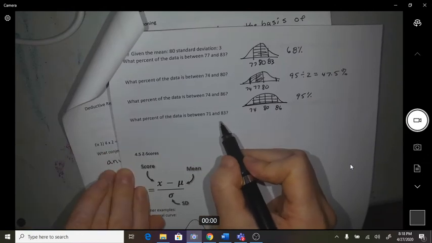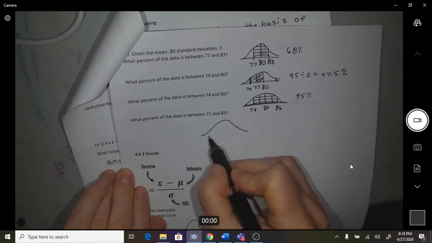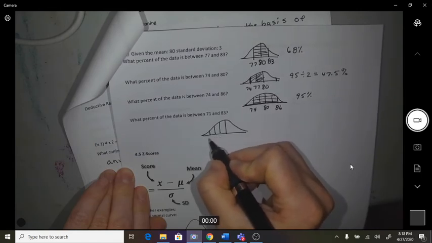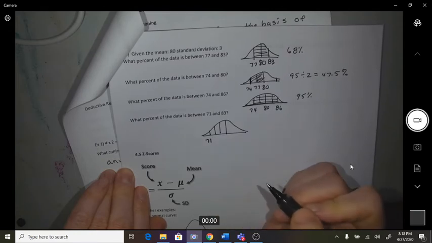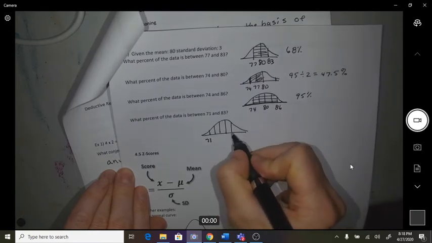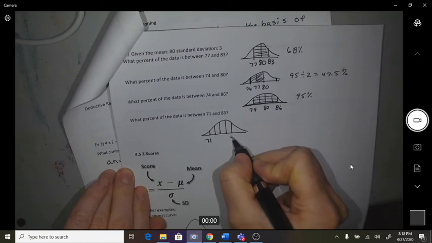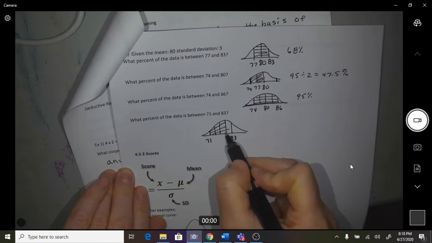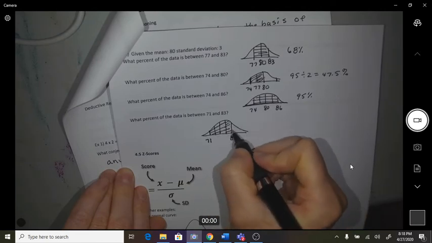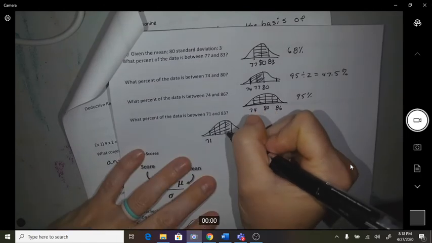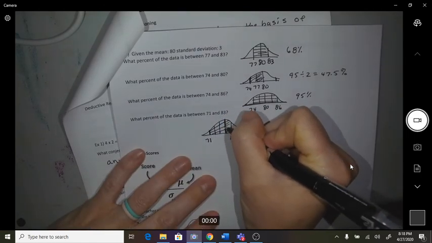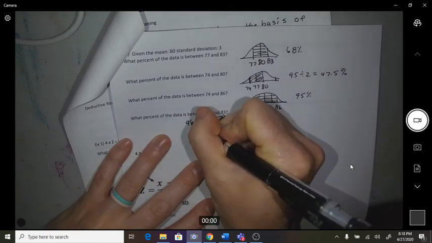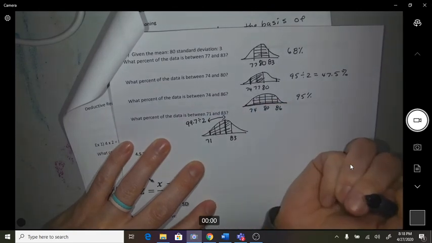What percent of the data is between 71 and 83? So 71 is 3 standard deviations below, and 83 is 1 above. Okay, so this piece right here, that is 99.7%, but only half of that.